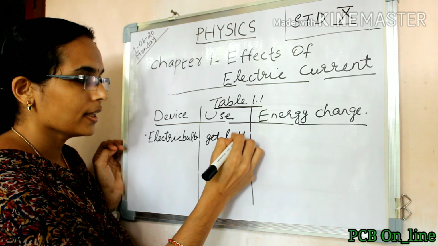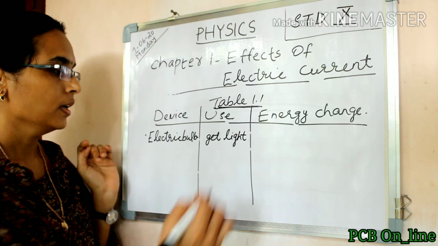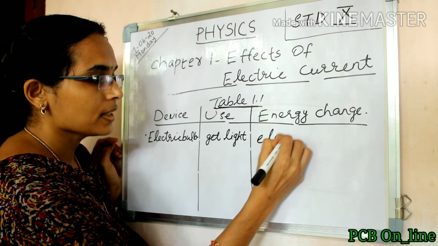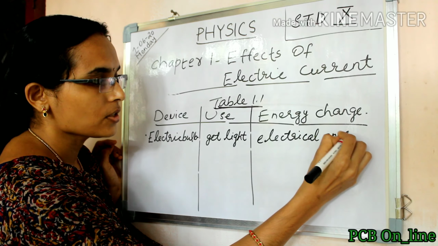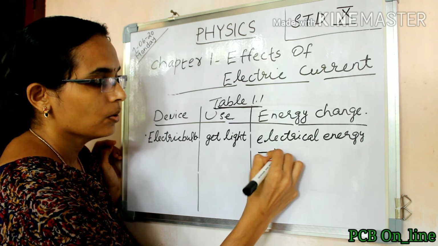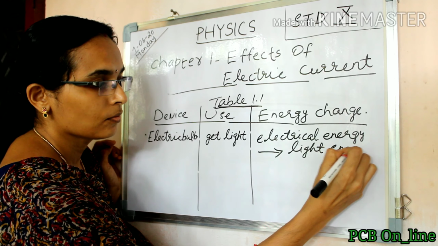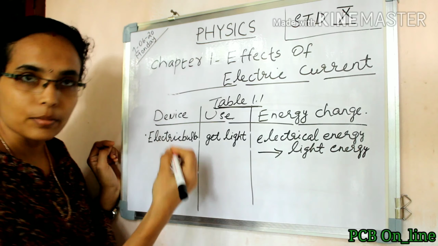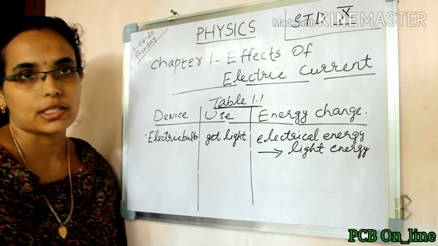That means what is the energy change taking place in an electric bulb? That is, we give electricity and the electrical energy changes to light energy because we get light from that. Similarly, we have to fill this column first.